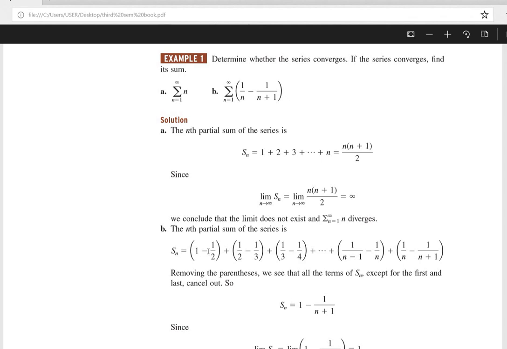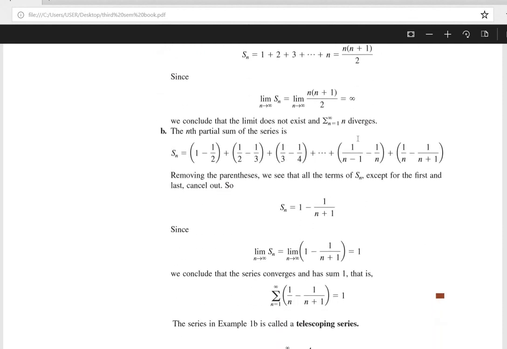So this is 1 minus 1 by 2 plus 1 by 2 minus 1 by 3 plus 1 by 3 minus 1 by 4 plus etc., up to 1 by n minus 1 by n plus 1. So Sn equal to what?